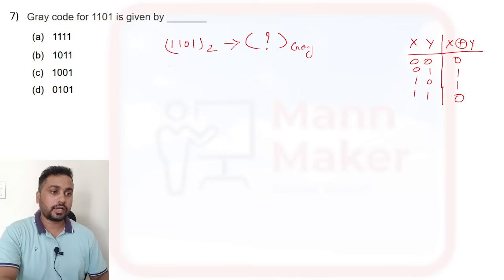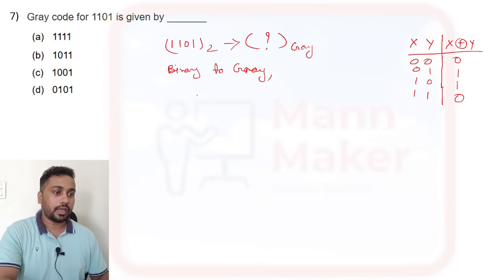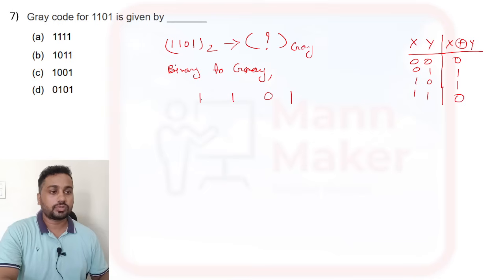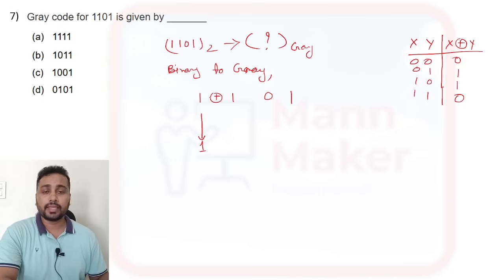Now for conversion of binary to gray. We have the binary number 1101. The first bit is the MSB, the most significant bit, so you write it as it is: 1. Now apply XOR between the first two bits: 1 XOR 1 is 0. Then 1 XOR 0 is 1. Then 0 XOR 1 is 1.